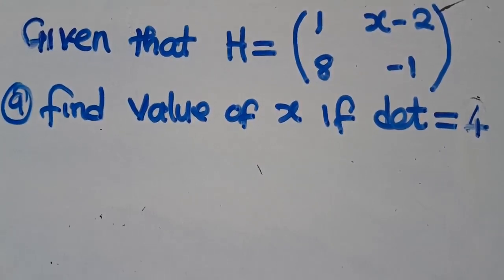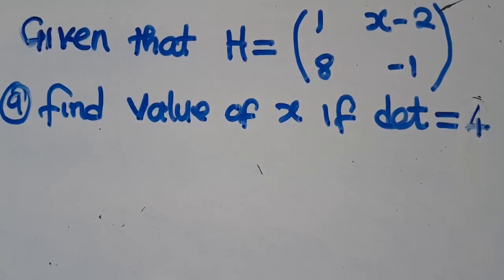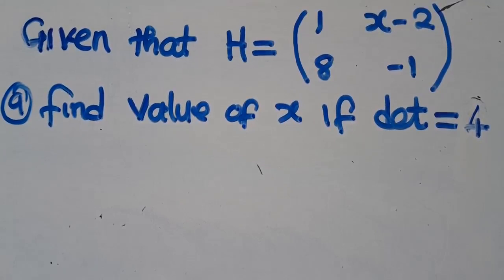So how can you go about this question? How can you answer this particular question? I want you to pay attention to how I'm solving these. These are questions you are going to find even in your exams. Make sure you understand them now.